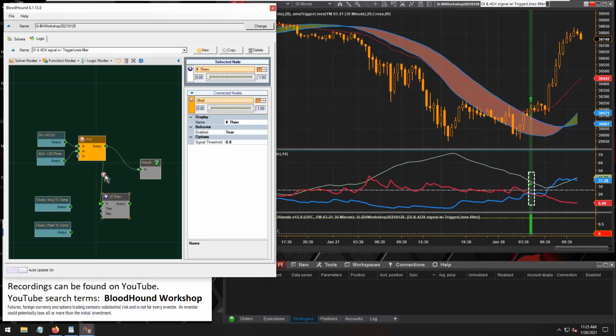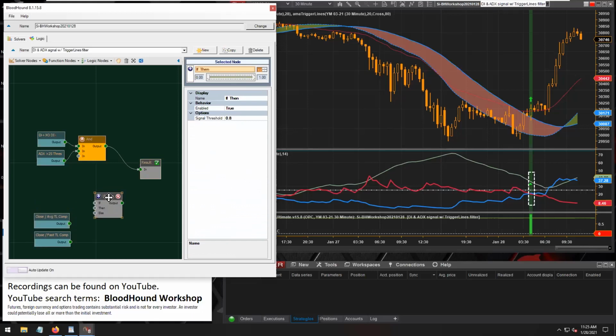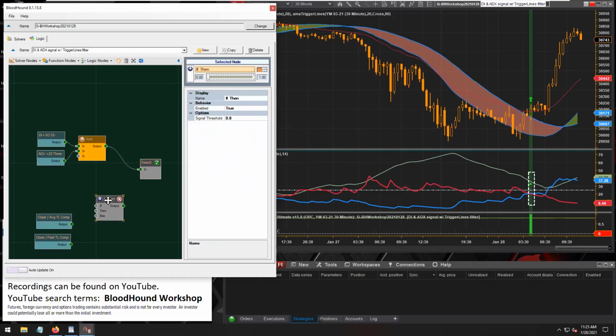Actually, all right, so the first thing I'm going to need is, I'm going to use the first if-then node to switch between these two comparison solvers here. I'm going to switch between the two. Actually, yeah, I think I'm going to need a bunch of if-then nodes. At this point, I'm just going to try some experimenting. That's basically the beauty of BloodHound, is that you can just experiment very quickly with stuff.